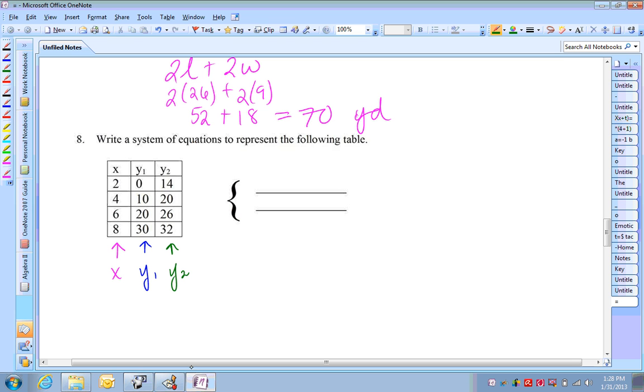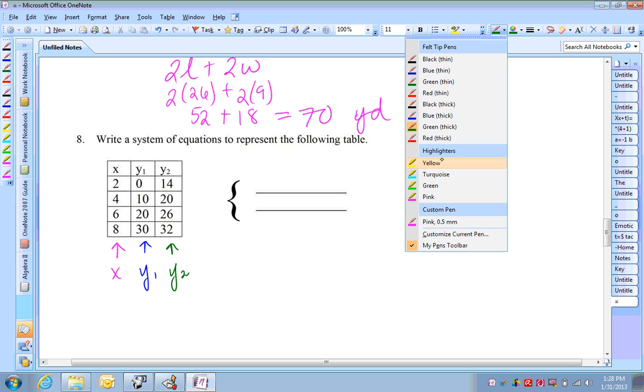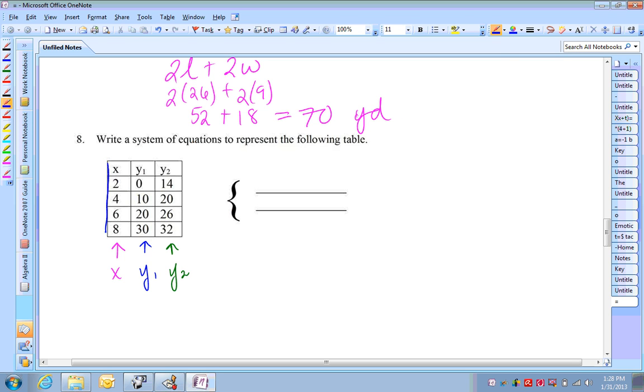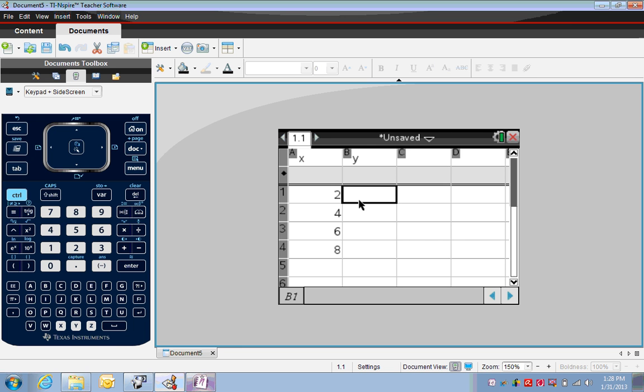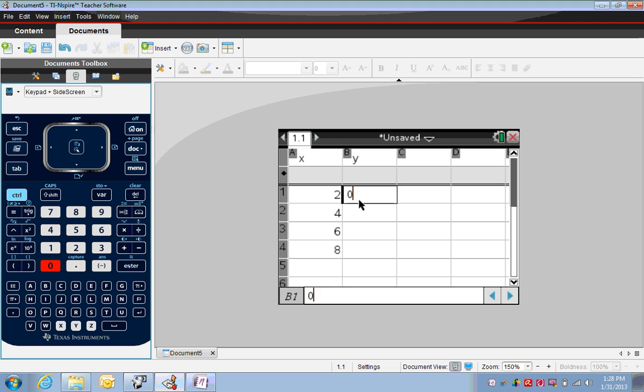Now, looking at my worksheet, I'm going to focus on this set of X and Y values for my first equation. So, my first set of Y values is 0, 10, 20, and 30.